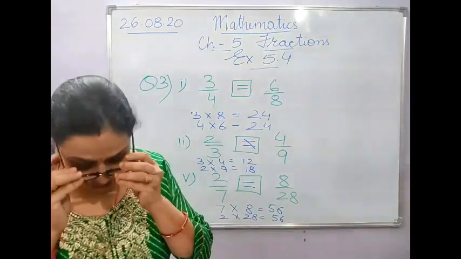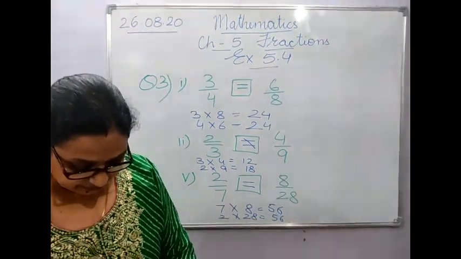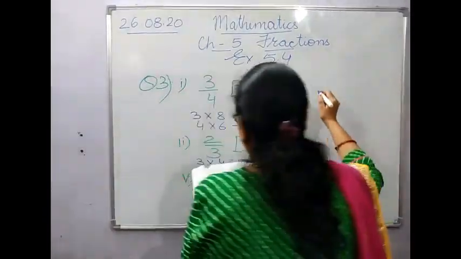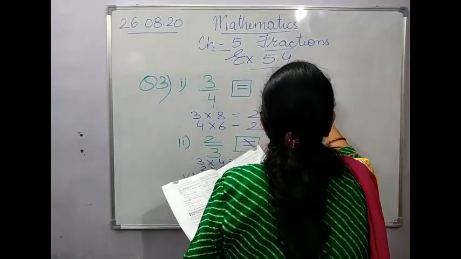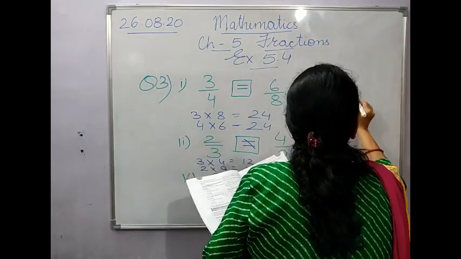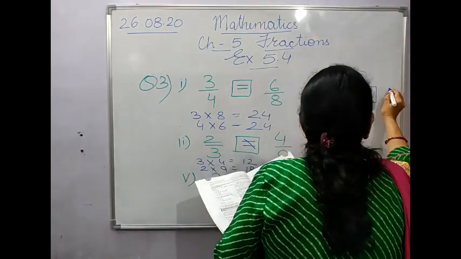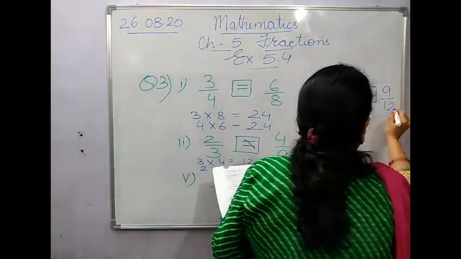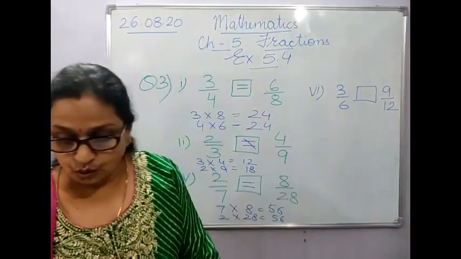Okay, then one more I'll show. I'll take the sixth one, 3 upon 6 and 9 upon 12. So how we will do?